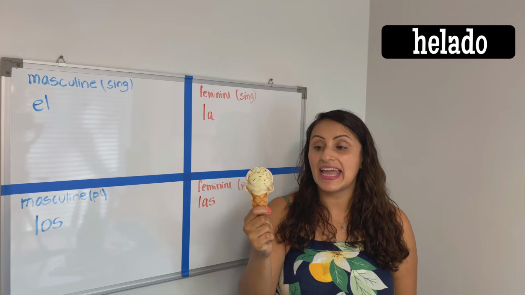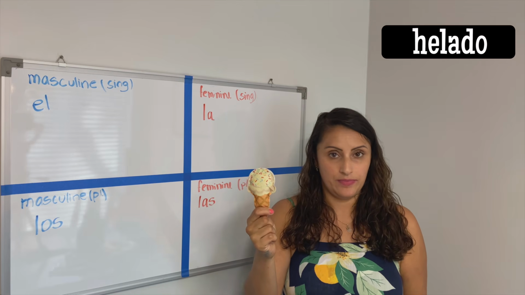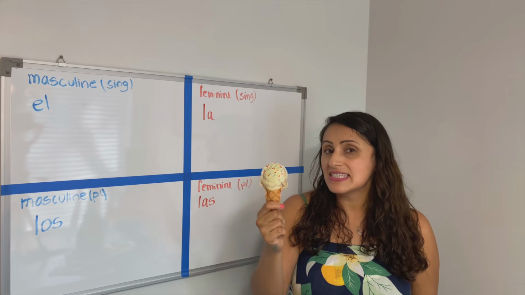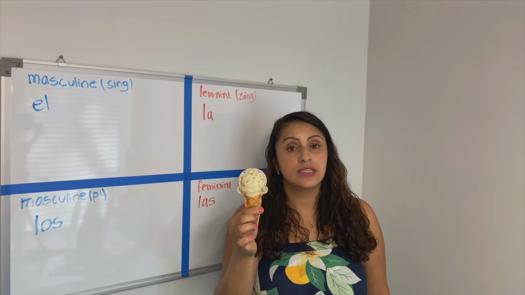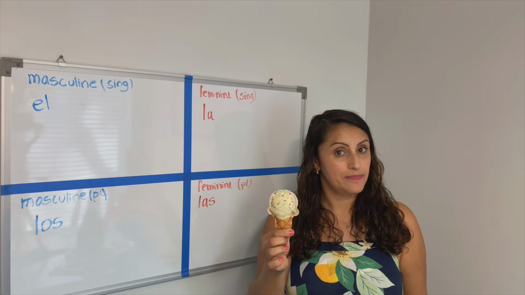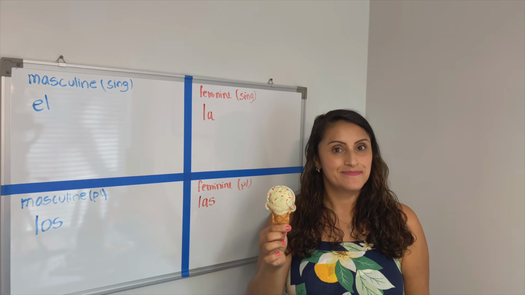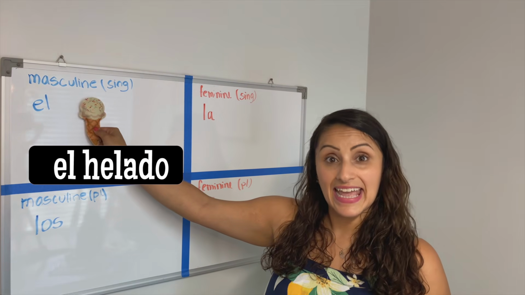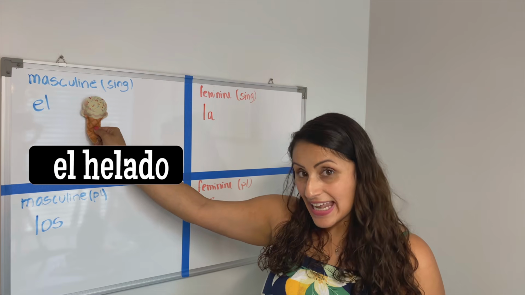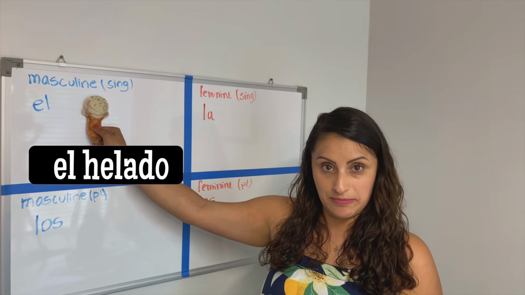This is an helado, ice cream. What definite article would you put in front of the word helado to say the ice cream? Think about it. I think you got it. That would be el helado. El helado, the ice cream.